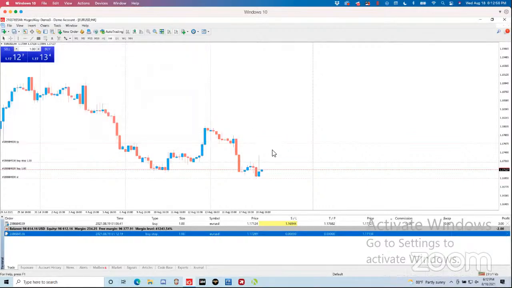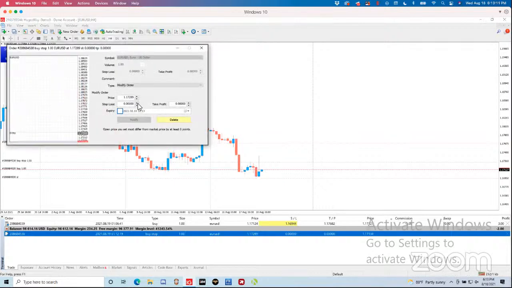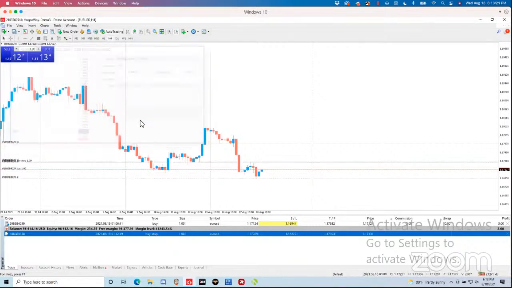Once you get pulled into this trade, you can drag and drop it, but not until you get pulled into the trade. So you can just double click on it, and I'll say my stop loss is going to be lower, my take profit is going to be higher, and then I click modify. There's my stop loss, there's my take profit, and then I'll just drag it from there.